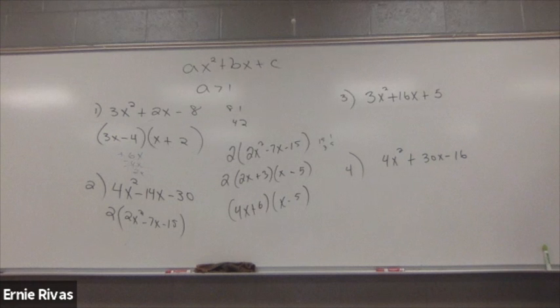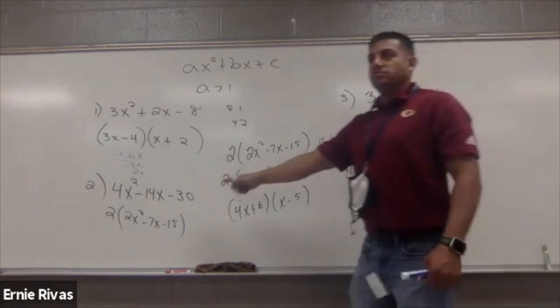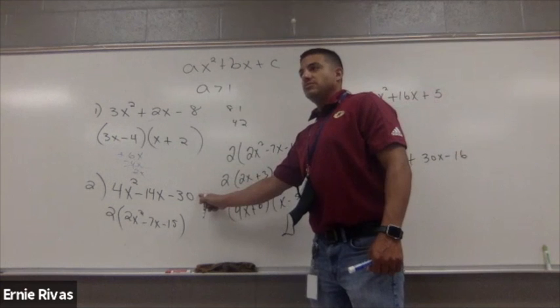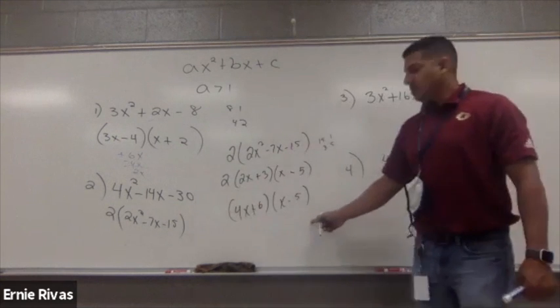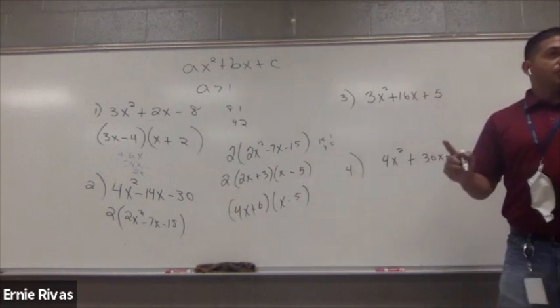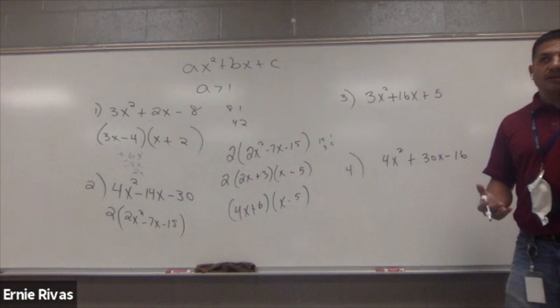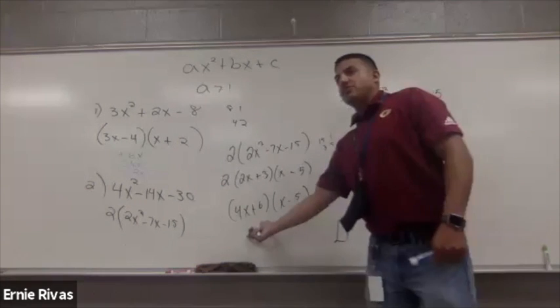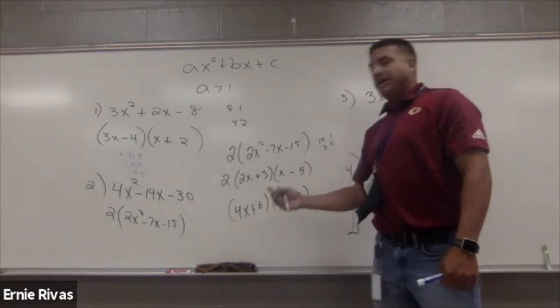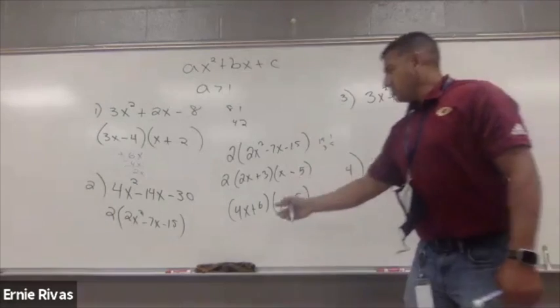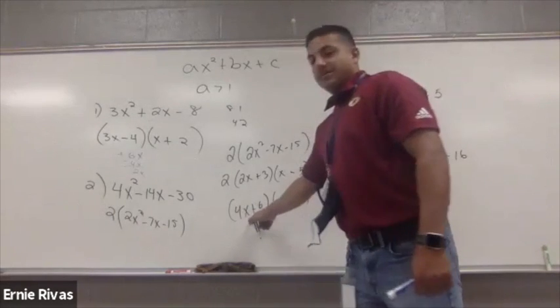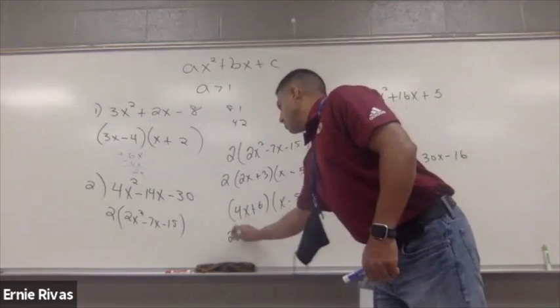Did you check your answer and it went back to the original polynomial? Yeah, it works. But the directions say to do what? Factor completely, right? And that's what they're going to say. Is this binomial factored completely? No. So now, if we wanted to, we could see that this one right here has a common factor of 2. So we could pull it out.